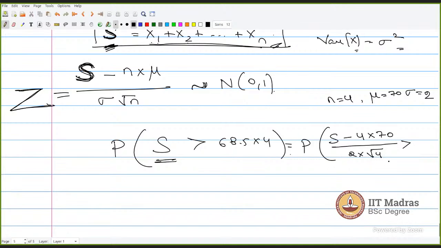The same operations should be done on the other side: 68.5 times 4 minus 4 times 70 divided by 2 times 2.